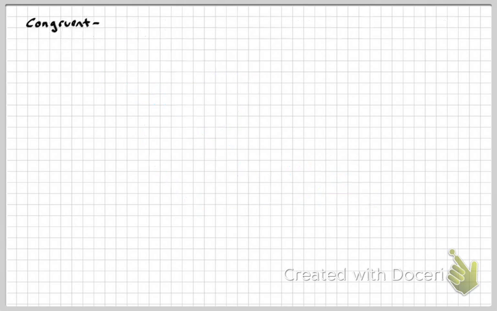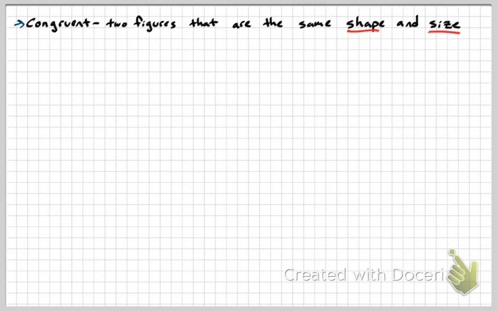This new word, congruent, it's going to be with us all year long. Whether we're talking about segments, whether we're talking about figures, all right? So what congruent means is two figures that are the exact same shape and size. Now, the symbol for congruence is an equal sign with a little squiggle above it, right?